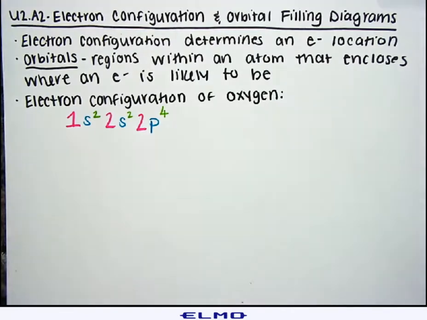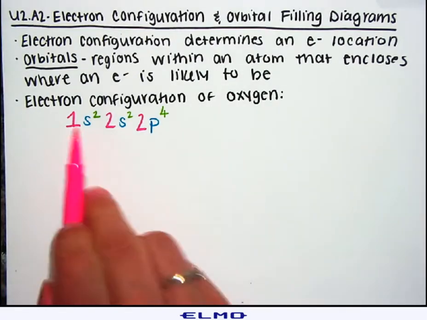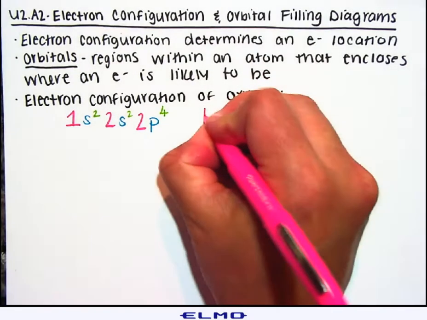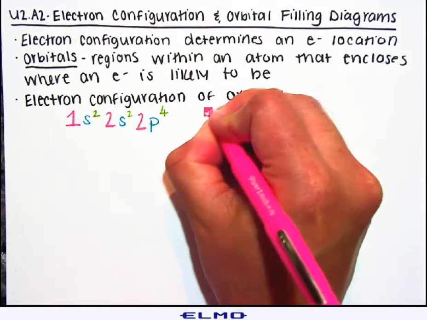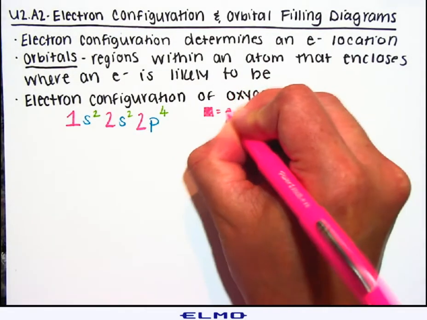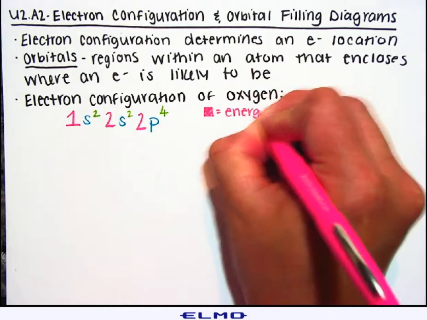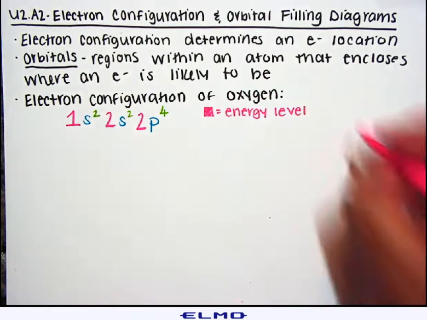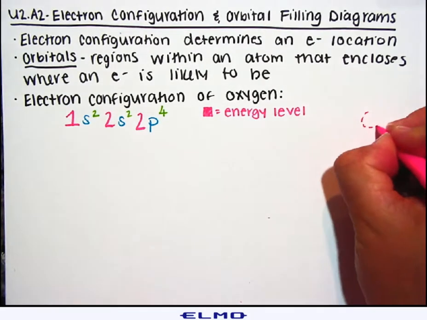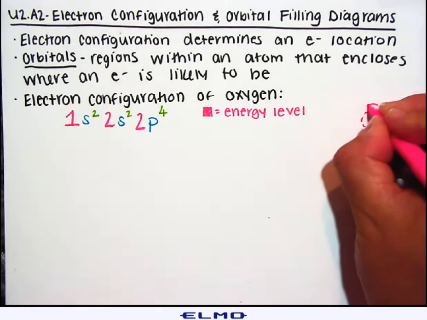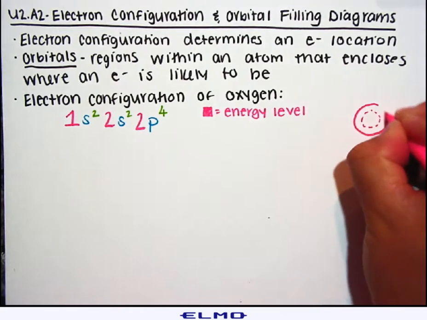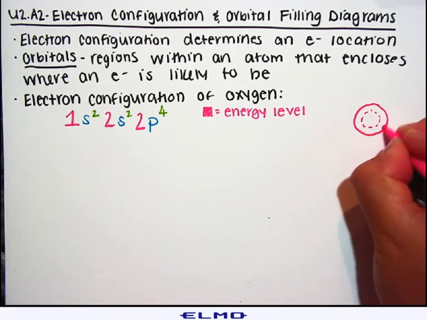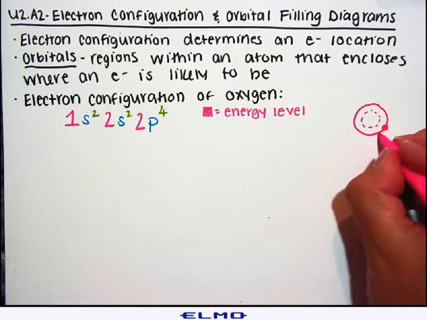So first, let's talk about those numbers in pink. Those represent the energy level. So going back to our Bohr diagram, the energy level is the same thing as the shell or the ring around the nucleus.